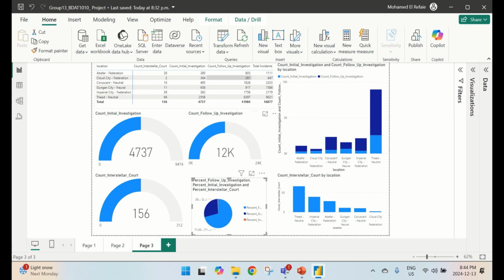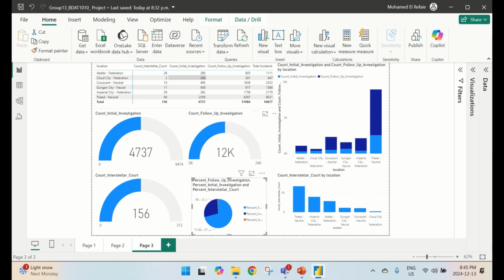However, when it comes to the follow-up, we can see that the follow-up investigation in the Cloud City is 281 and the Imperial City has 1,758 follow-up investigations.